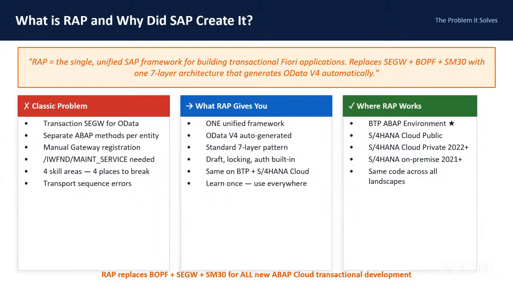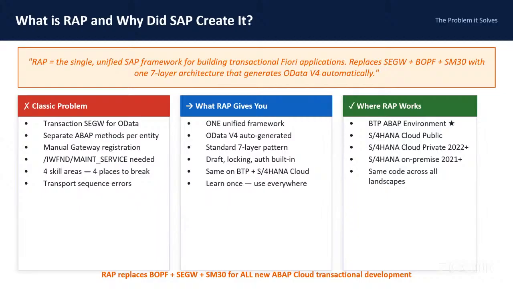So the question is, what does RAP give you that classical ABAP development is not giving? First of all, it gives one framework instead of four separate technologies. Using SCGW, creating methods, and creating gateways are all reduced to one framework.